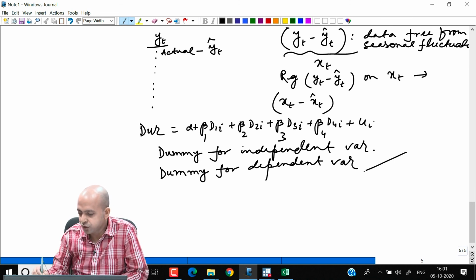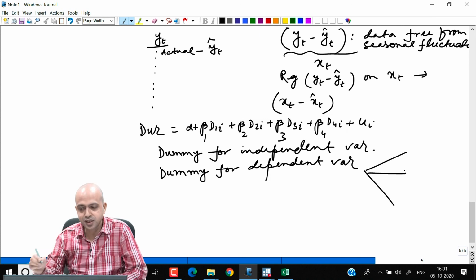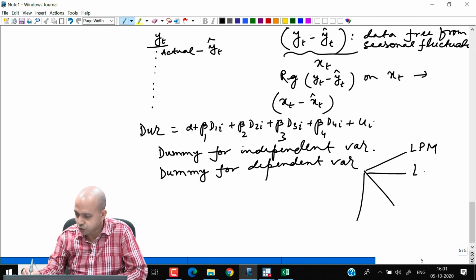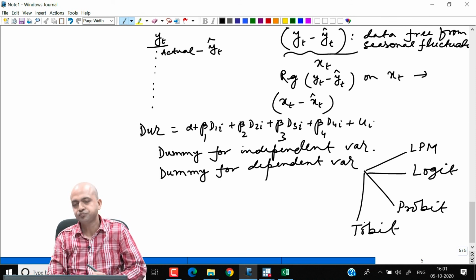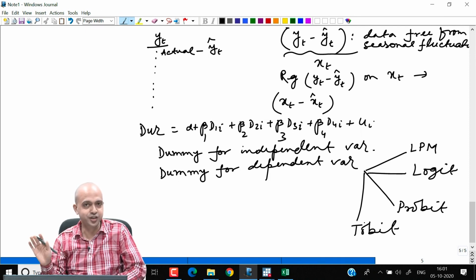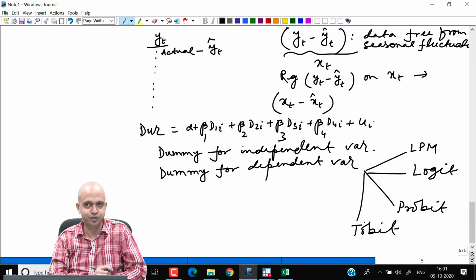And that we will discuss later on by four types of qualitative response model: linear probability model, then logit model, then probit model, and the tobit model. That we have not yet discussed. That we'll discuss later on.